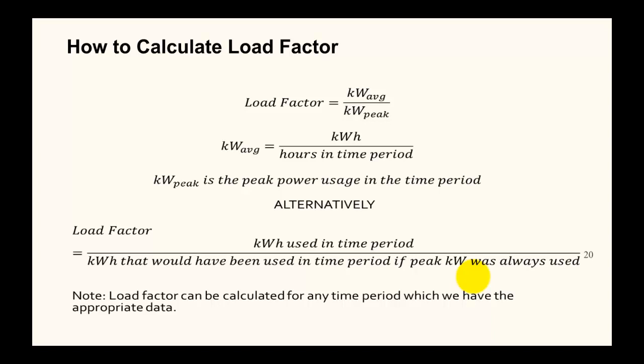The other way to think about it is the top is the kilowatt hours used in the time period, and the bottom is the kilowatt hours that would have been used in the time period if the peak kilowatt was always used. So again, it's just rearranging the formula in different ways. And load factor can be calculated for any time period, but normally it's done for the billing cycle, or monthly.